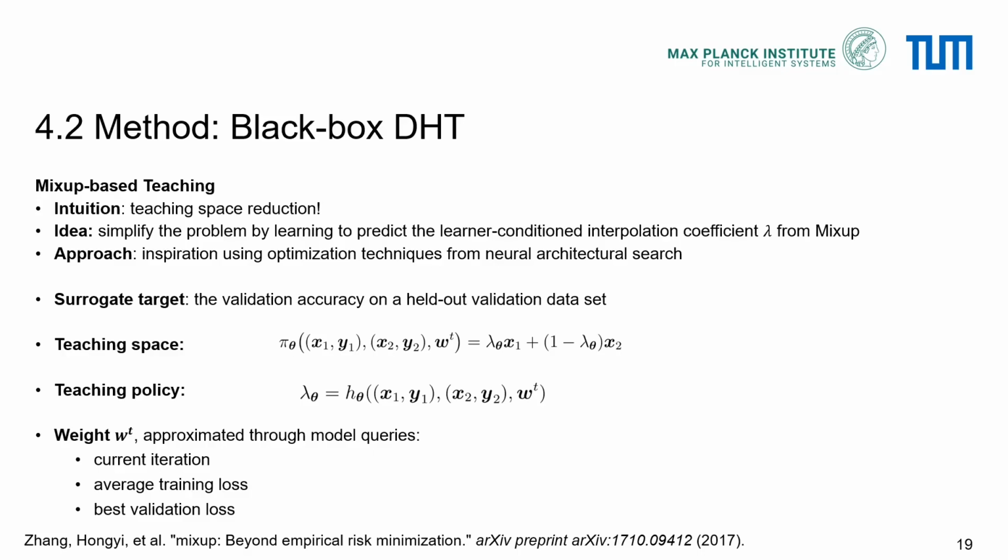And basically, we are trying to predict this interpolation coefficient, based on some signals of the current pseudo model weight. And we have here two different variants. We can either optimize the teacher using algorithm unrolling or using policy gradient to train the teacher model.